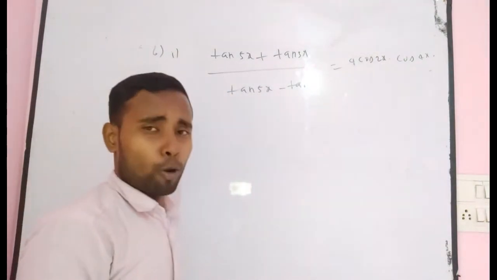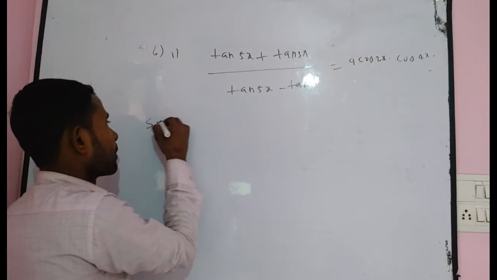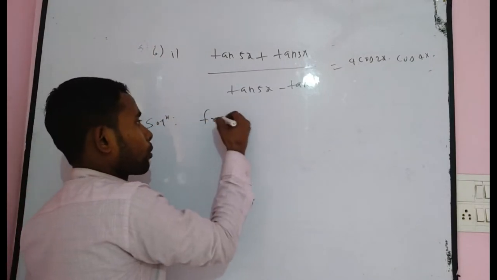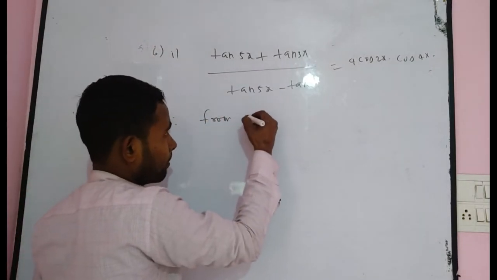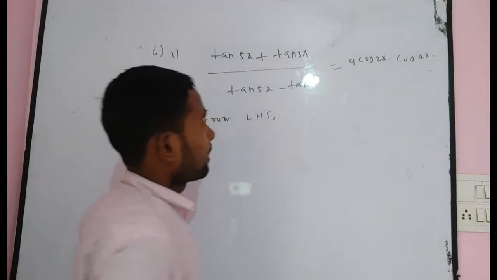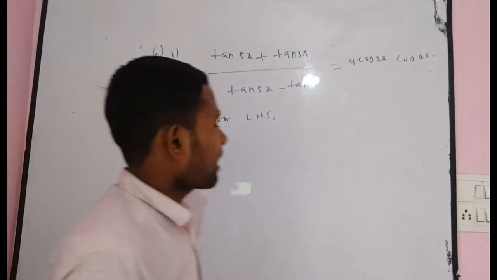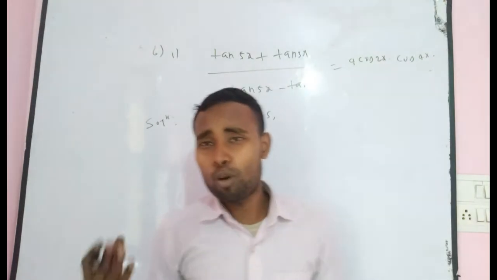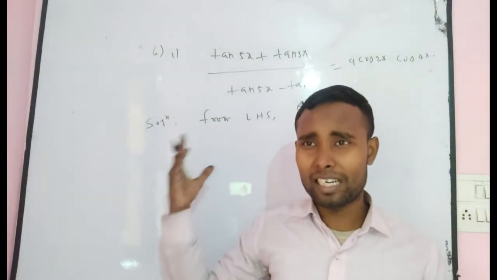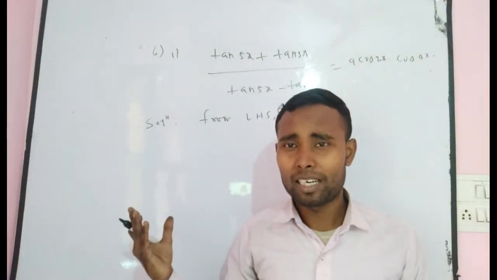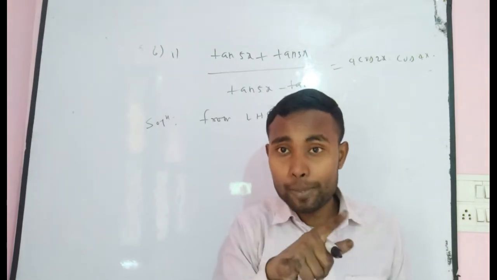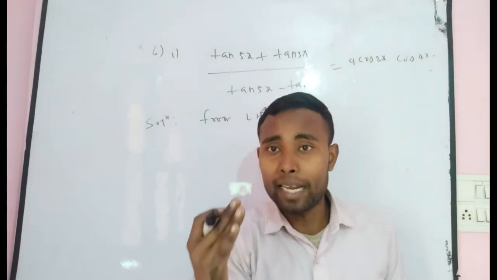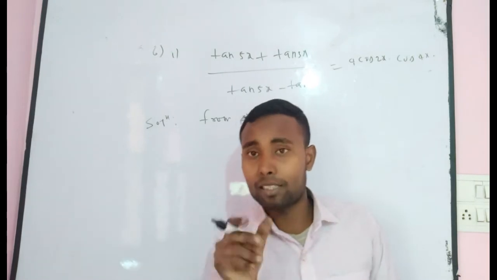Now there arises a simple question: how can you solve this problem? Simply, you have to proceed from the LHS. There is no formula for tan A plus tan B. Tan (A plus B) is known, but tan A plus tan B is a separate term.